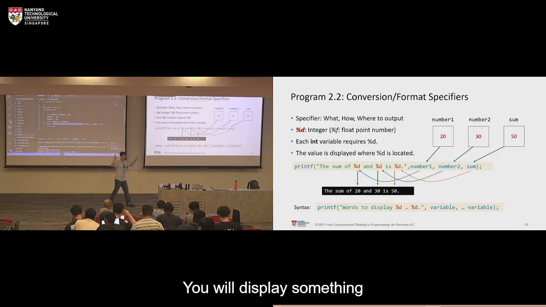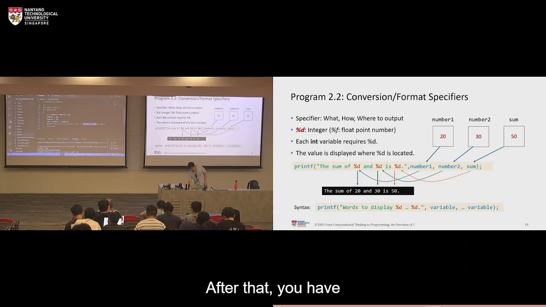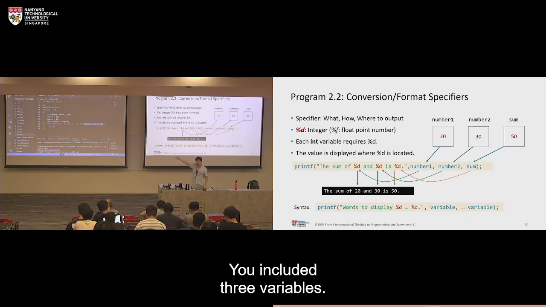So you will display something between this double quotation mark right here. Then what is next? After that, you have comma number 1, comma number 2, comma sum. So you included 3 variables, right?